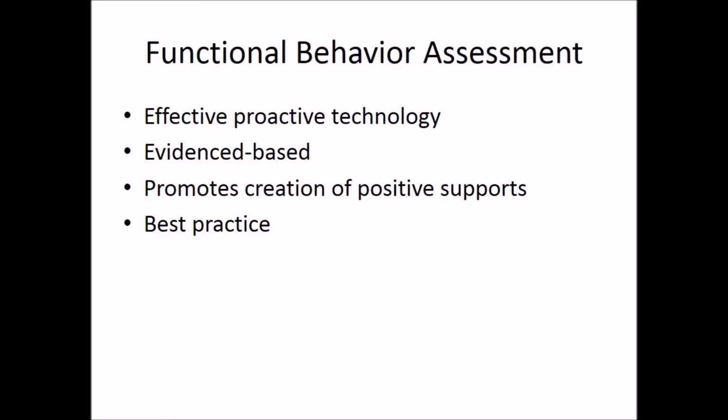This process is proactive. It decreases our having to react to a crisis. It is an evidence-based practice with significant research supporting its use. Consideration of the information provided by completion of an FBA, or functional behavior assessment, leads to positive supports, and its use is simply best practice.